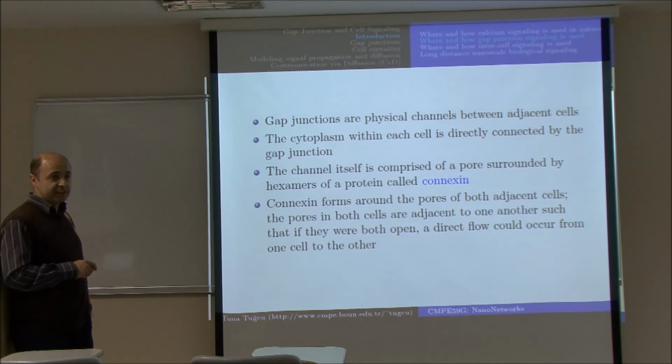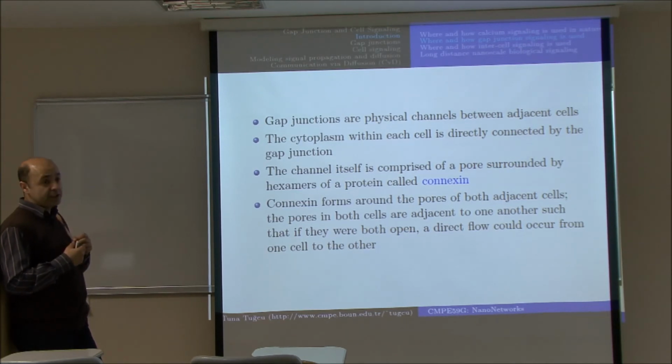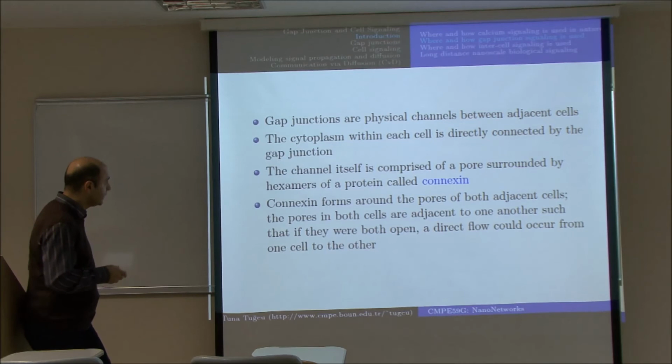These gap junctions are real physical channels. They're physically there between the adjacent cells, and the cytoplasm within each cell is directly connected when these gap junctions are open. Having a gap junction is not sufficient, by the way. It has to be open, because it has open and closed states, as you will see.